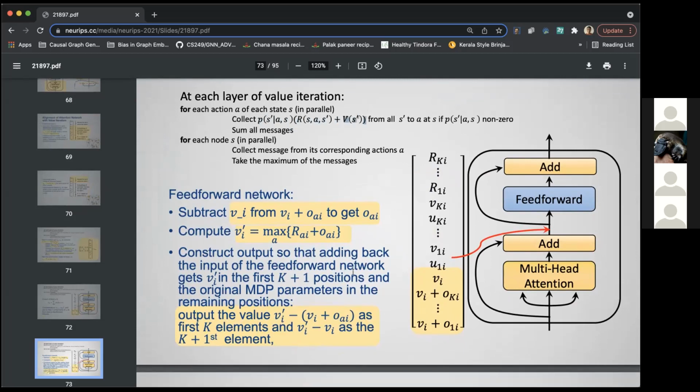So the exact computation here, you can take a look at afterwards, but effectively, because we just need to do this update and then we need to take a max operation, this feed-forward neural network can provide us with this ability, and then we just update our representation for each node and pass it on to the next transformer layer. And if we assume that this attention network is recurrent, so that all the weights in each layer are the same, if we do this iteration multiple times, we can get some kind of convergence of this value function.